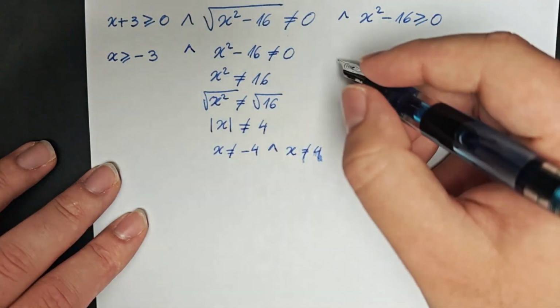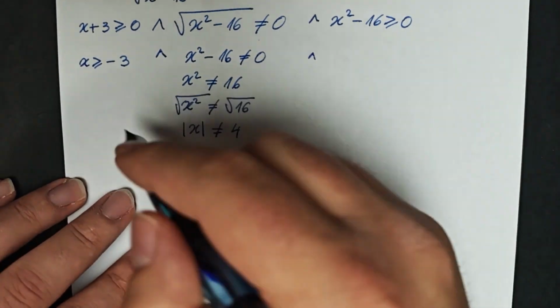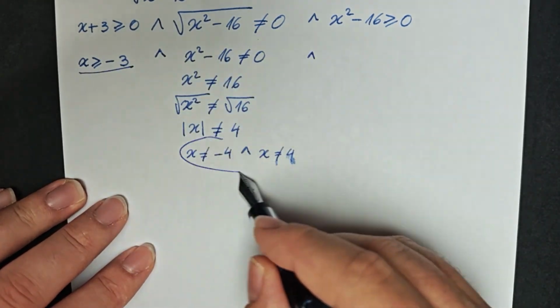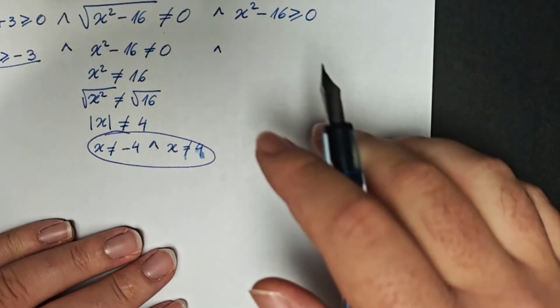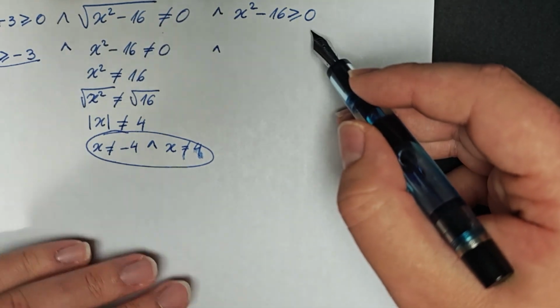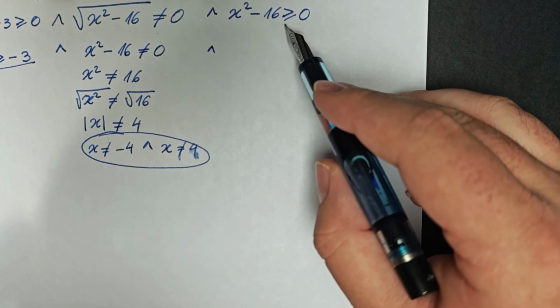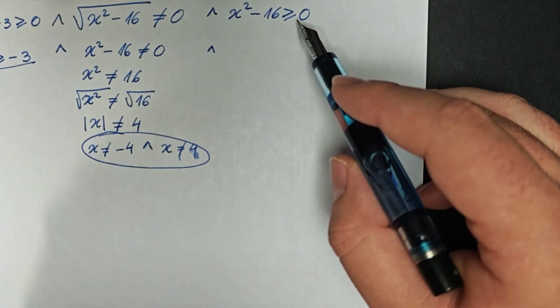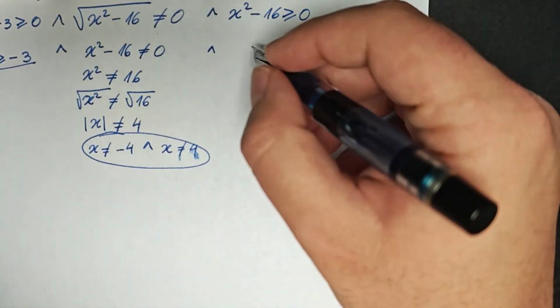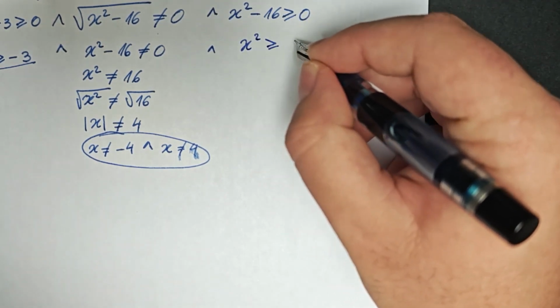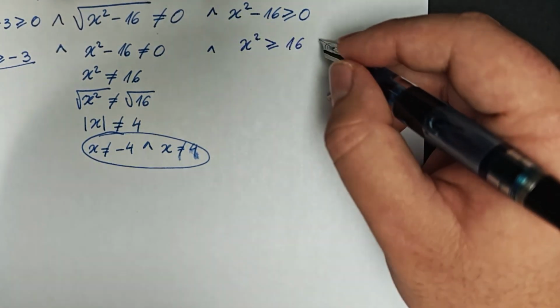We have a conjunction of these cases. So this is our first case, this is our second case, and finally let's observe the third case. The final condition, x squared minus 16 is larger or equal to 0, is equivalent to x squared being larger or equal to 16.